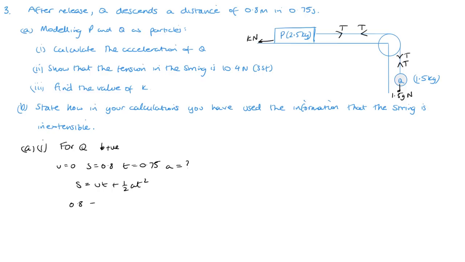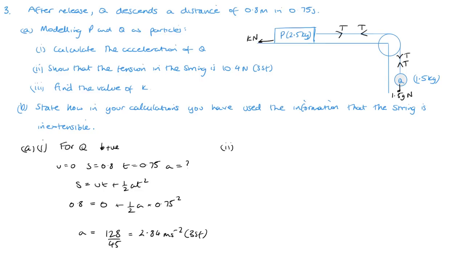So 0.8 equals 0 plus a half A times 0.5 squared. So rearranging this, A is 128 over 45, which is 2.84 meters per second squared to 3 significant figures. And I'll store that in my calculator in case I need it later on.